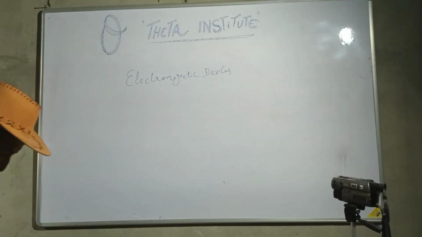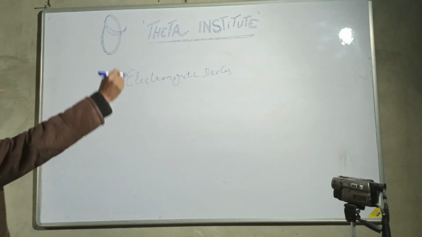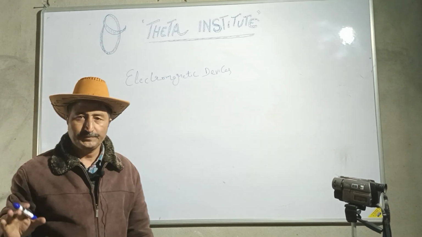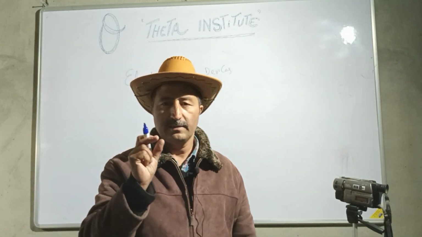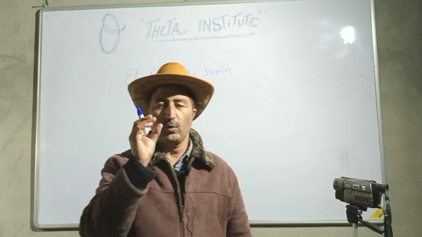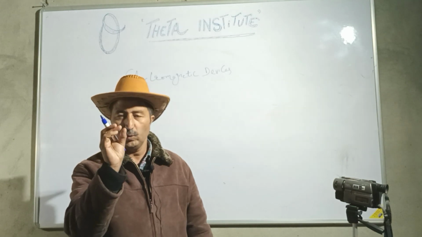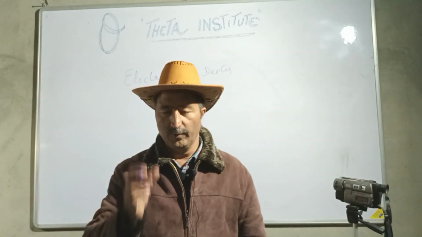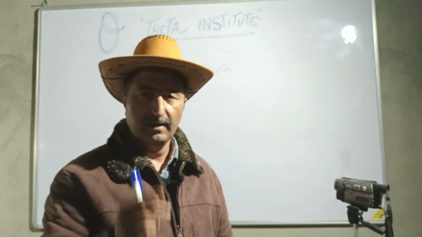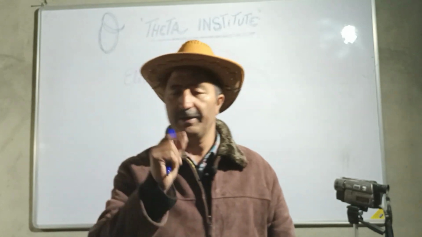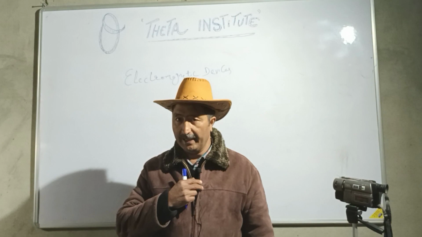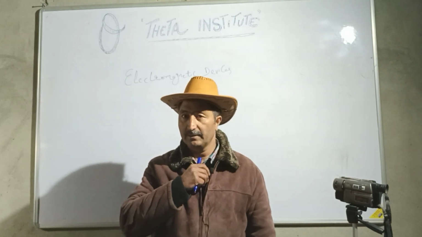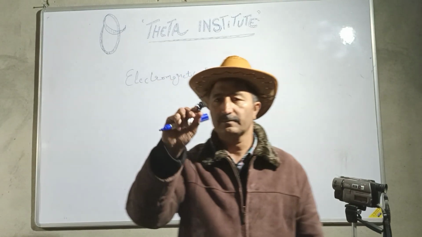First of all, we will see the microphone. A microphone is a device which has a piezoelectric crystal in between two wires. Whenever we speak in front of that microphone, for example, this is the microphone.